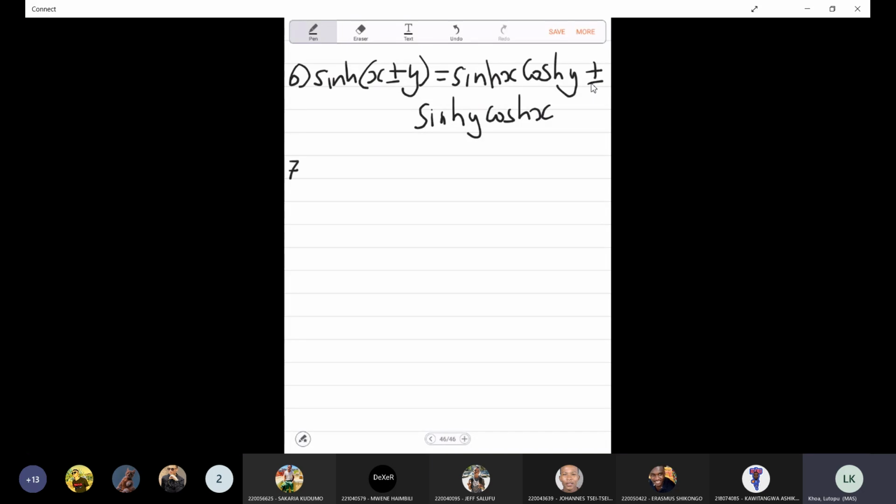And the next one. How do we prove that using the hyperbolic? You would have to rewrite it in terms of e to the power of something, like I did with the previous one.